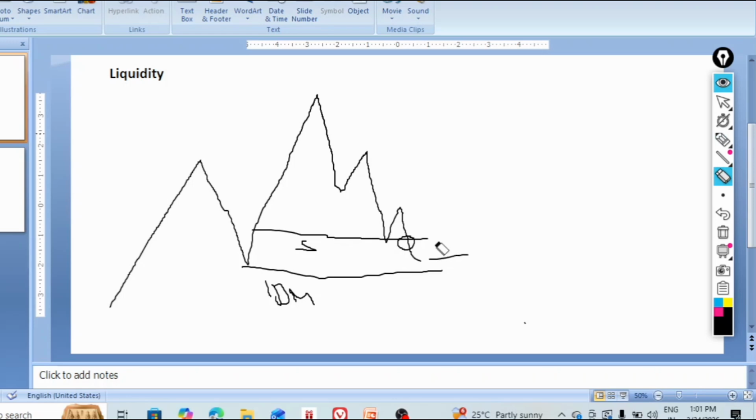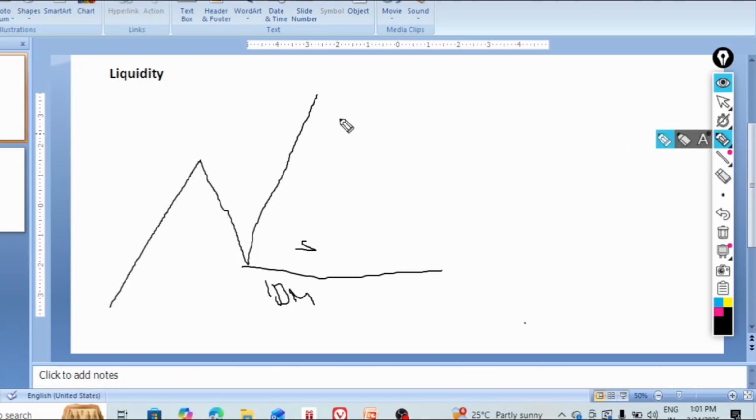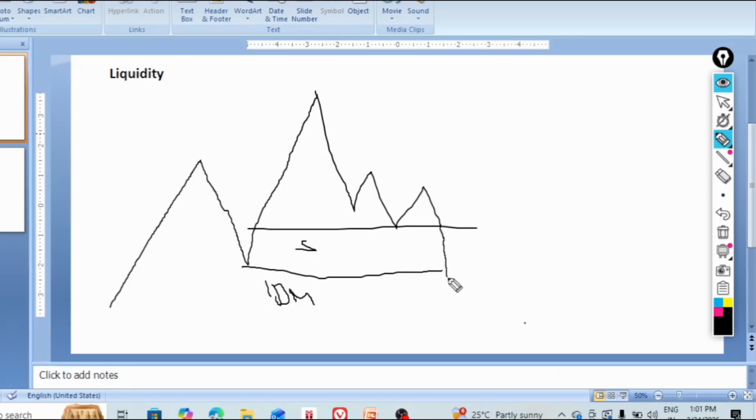So what the market will do is come and grab all this liquidity, their stop losses. Okay, and then after reaching the inducement, the SMC traders will try to buy here, and their stop losses will be here.